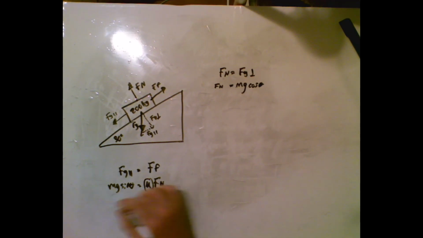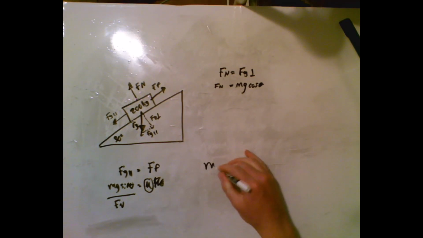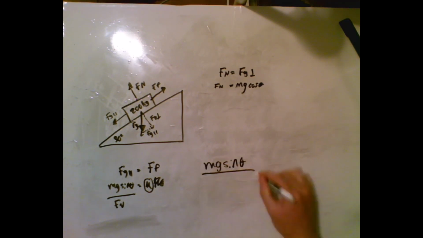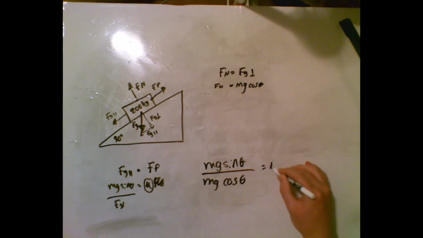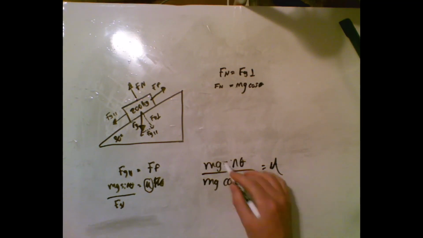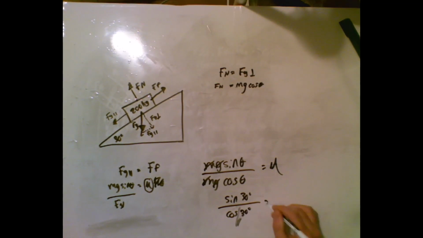So if I move my force normal underneath, like that, and I break down, oops, running out of room. Maybe I'll just move it over here. So mg sine theta, and my force normal is equal to mg cos theta, and that's going to equal my coefficient of friction. And look at that. Mass and gravity both cancel out, so it just ends up being sine of 30 degrees divided by cos of 30 degrees, and I get my answer.